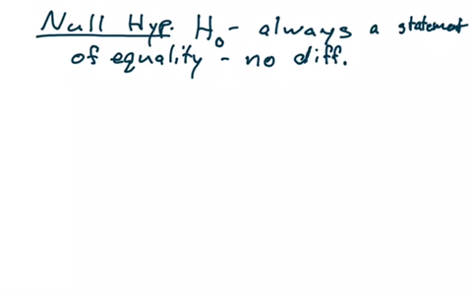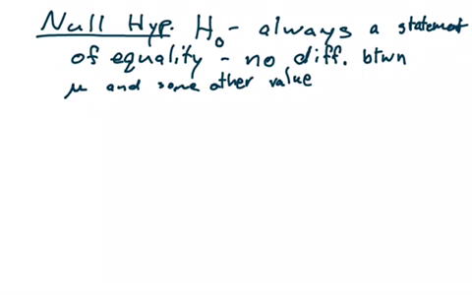No difference between. For the sake of argument, let's say our population parameter that we're considering is the mean, the average value, so that's mu, and some other value.